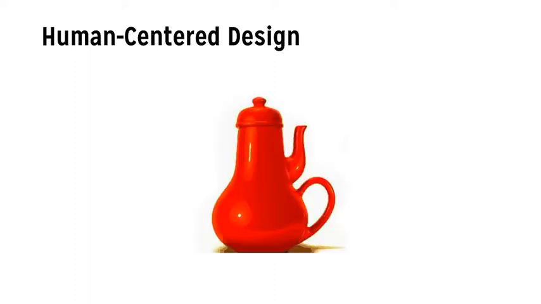One of the best examples for human-centered design is actually the picture that's on the front of your book. You're probably all familiar with this teapot with the handle on the wrong side by now. And the idea here is that this is not human-centered design. This takes into no account how a human would actually use this teapot.